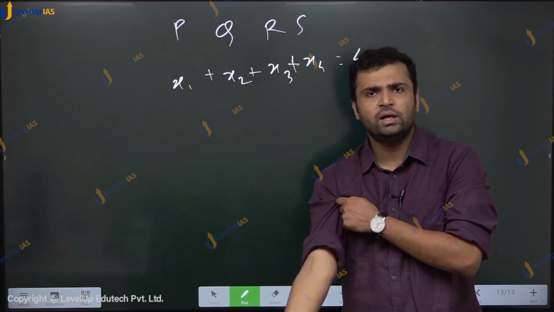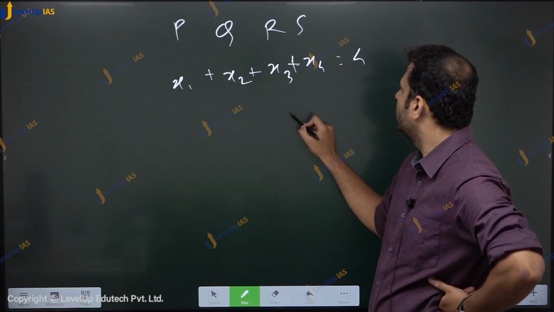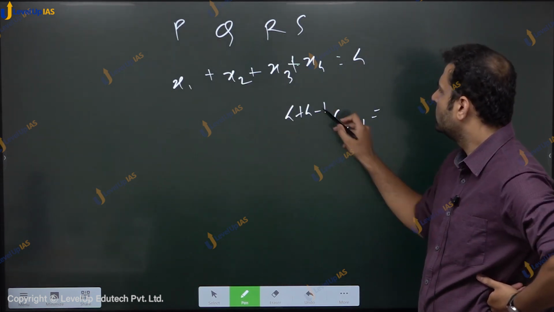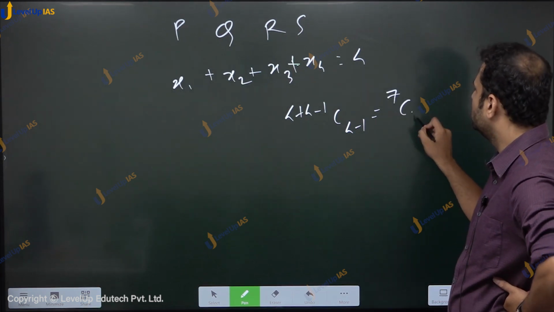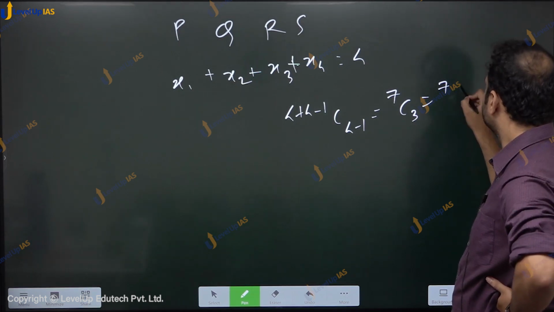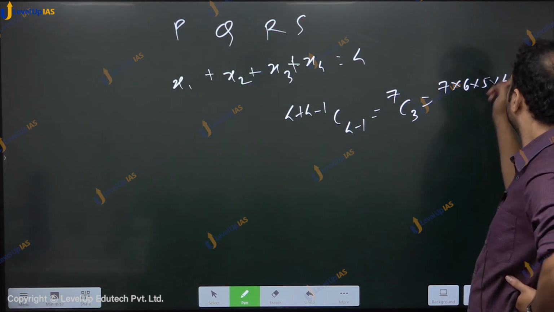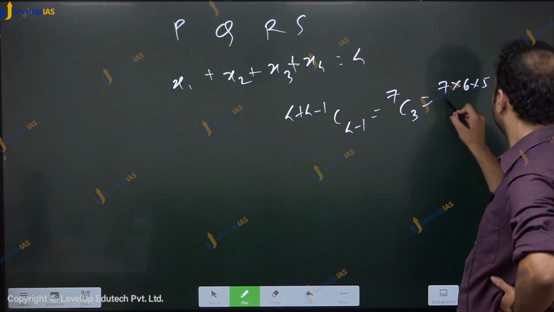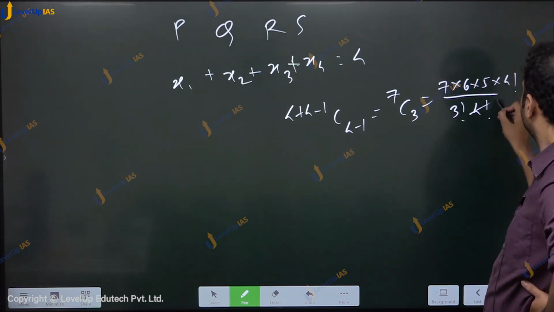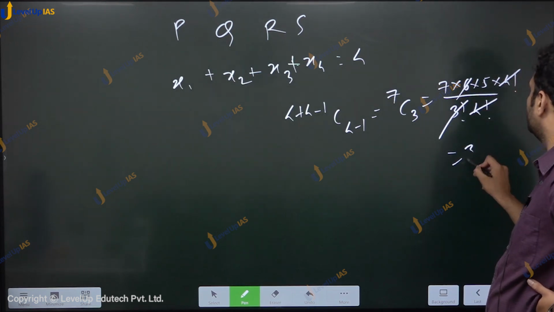This is how you can set it up. So the number of solutions would be 4 plus 4 minus 1 choose 4 minus 1, which is 7C3, which is 7 factorial over 3 factorial 4 factorial, that is 7 into 6 into 5 into 4 factorial divided by 3 factorial, 4 factorial. 4 factorial gets cut, 3 factorial cancels with 6, and 7 into 5 gives you 35.